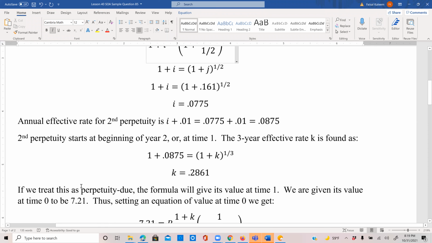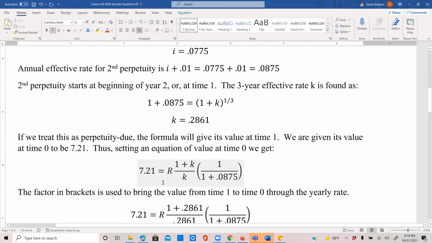So as we discussed, the second perpetuity has its first payment at time 1. So if we treat it as a perpetuity due, then the perpetuity due formula, remember, gives the present value right at the time of the first payment. So it will give its value at time 1. But we want to transfer it to time 0, because that's what the 7.21 is.